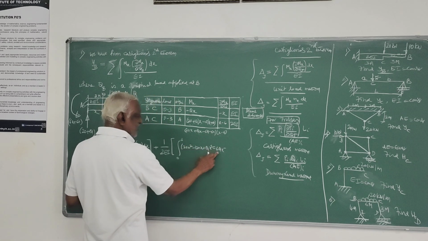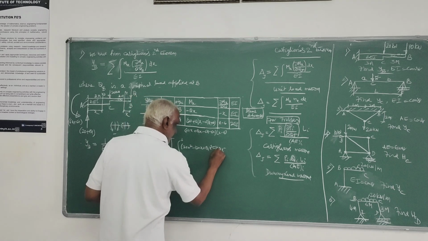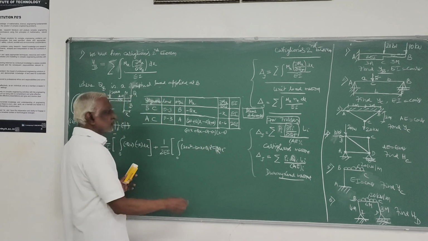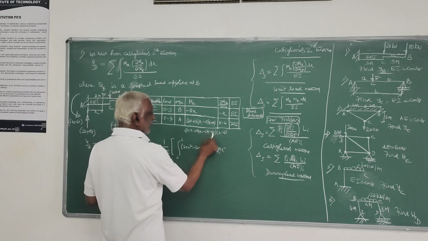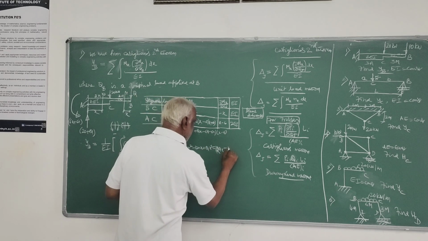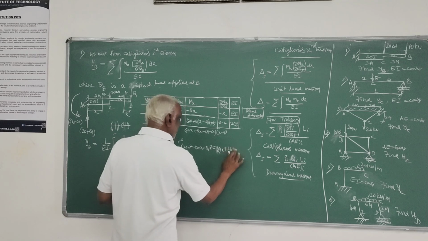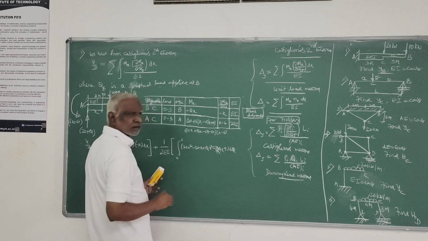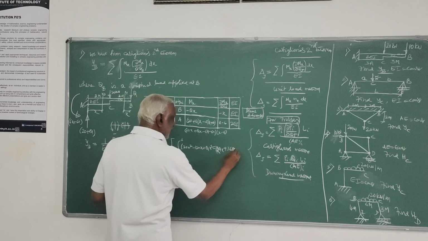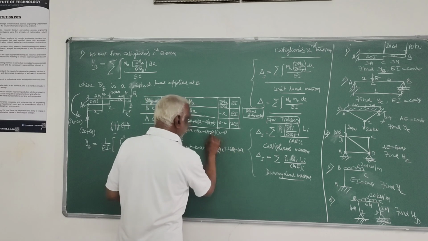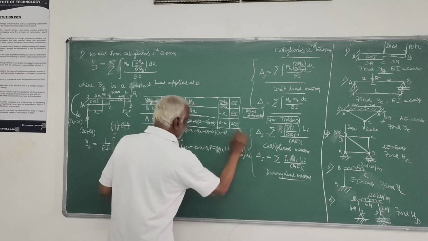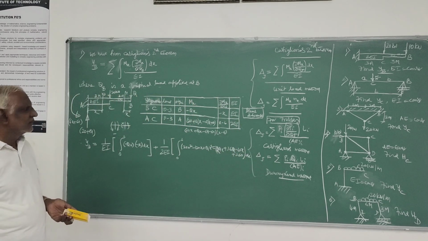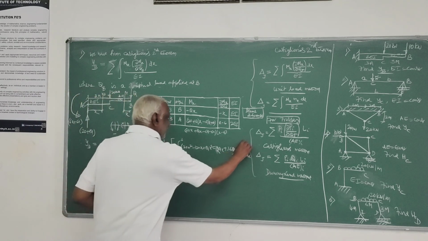This 6qx and this 6qx I will add, it will be minus 12qx. Then this is minus 36q, plus 36q. Then minus 60x plus 360. Just check this once, into dx.